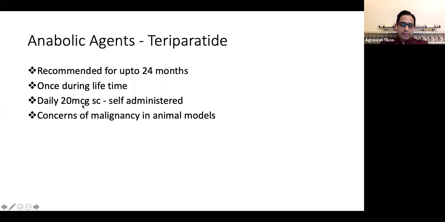It's given as a 20 microgram subcutaneous self-administered dose. There are a bit of concerns of osteosarcoma in animal models, but that was studied in rats. Till now, we don't have enough evidence to prove that it may lead to osteosarcomas. Anyway, the animal models which were used were growing rats, and we don't use teriparatide in growing children. We use it in the elderly.